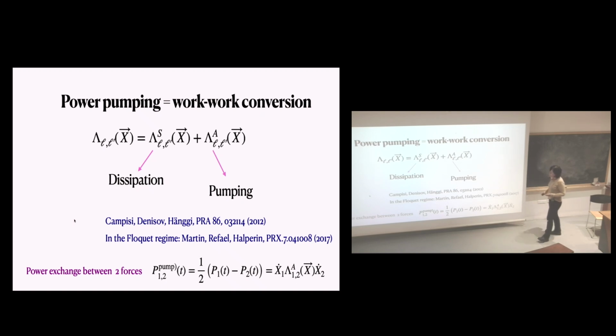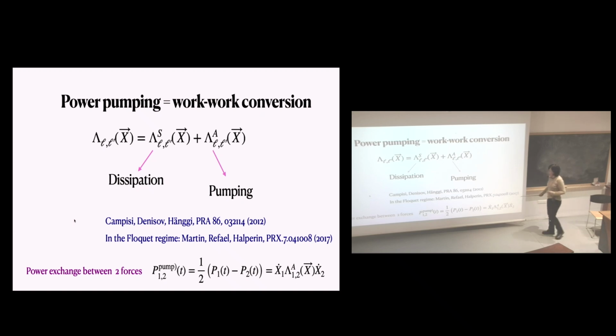This power pumping means that you can define an exchange of power between two driving forces. So imagine that you have two driving forces, and you calculate this quantity, the power developed by one of the forces minus the power developed by the second force.